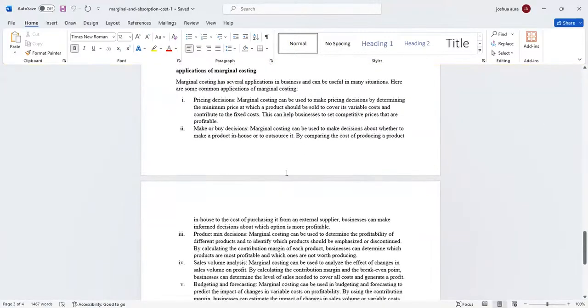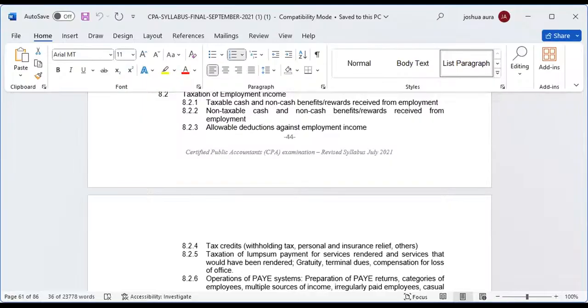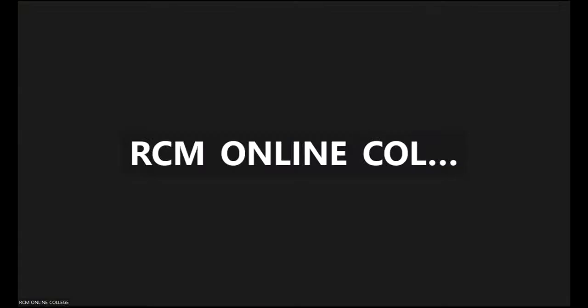So you can access these notes or just get back to the platform to do your studies. That is all about the theory.